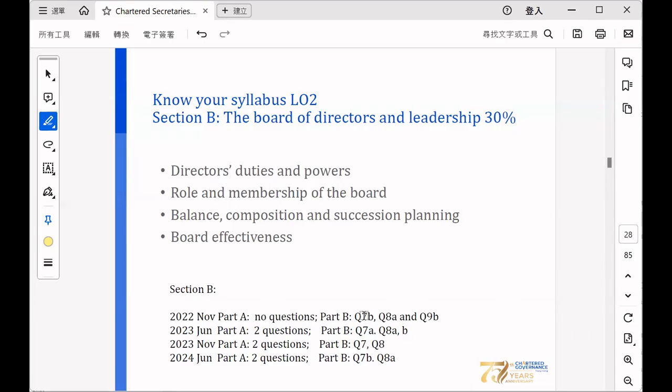And it is also interesting to know that this can be combined with the other topics as well. So you can see half of the questions is related to section B. So what is the other half then? The other half will be on either section A, section D, or E, or whatever. So you have to be aware of this. It's very rare that you have the whole question on this section B.